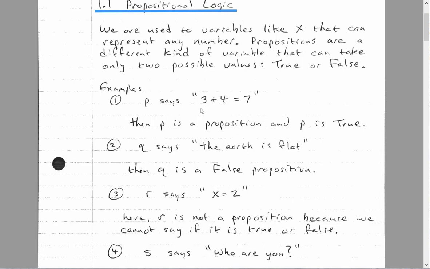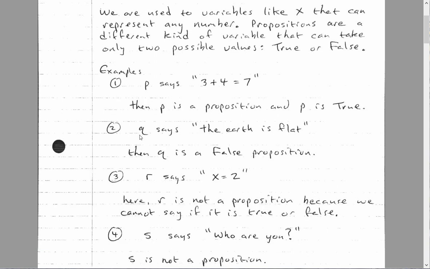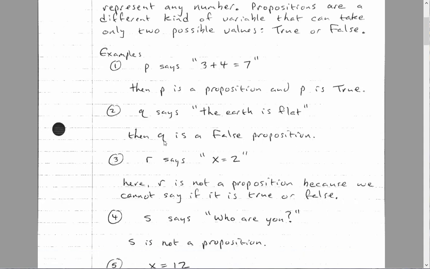We really just need to know, is it true or is it false? This equation is true, so P is true. Example 2, Q says the Earth is flat. Well, that's certainly not true. So Q is a false proposition.